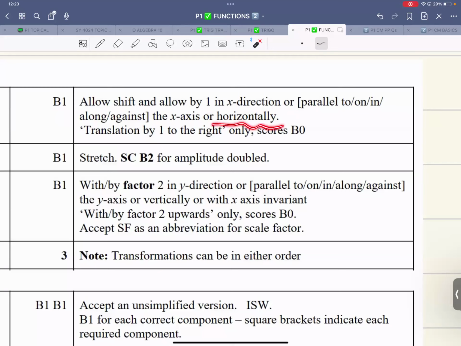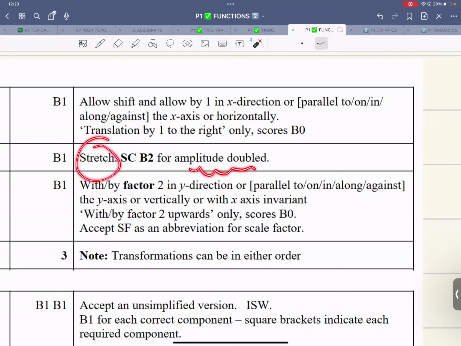So horizontally along the x axis, translation by one to the right. Translation by one to the right only scores 0 marks. You have to give exactly parallel to what, and the column vector should be given.